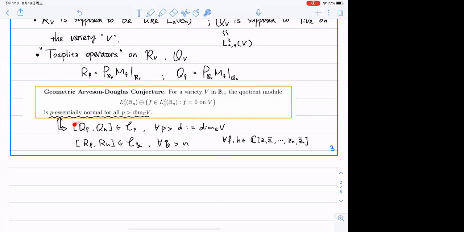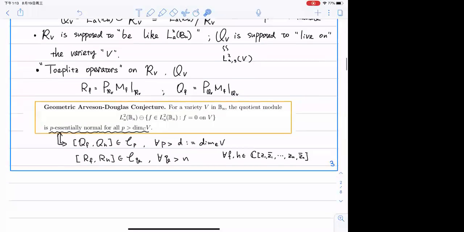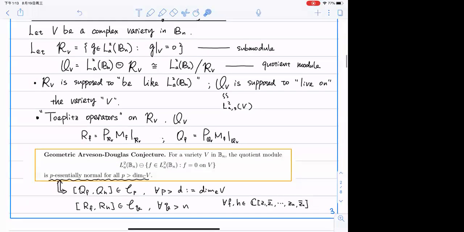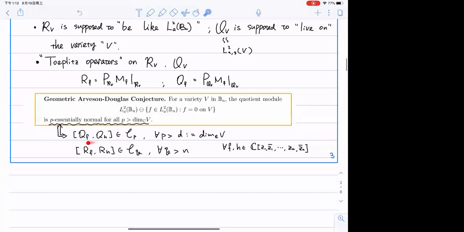As a consequence, you can also have this. That's what I mean by the submodule being like the whole space, because they have the same property as the whole space: the commutator is in Schatten p, but only for q greater than the total dimension.